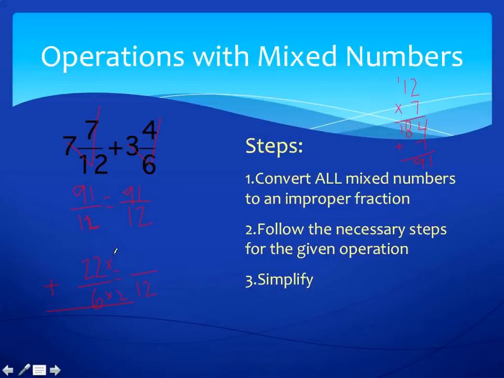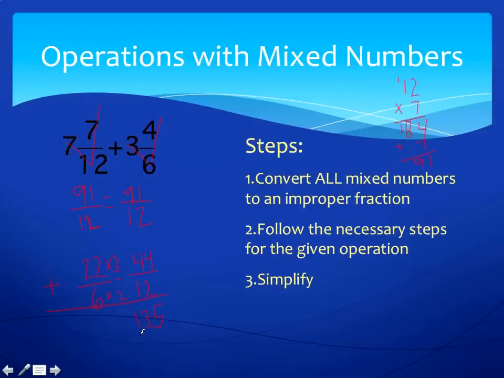So I'm going to do the same thing over here. And 22 times 2 gives me 44. I now have common denominators, so all I need to do is add below. So 91 plus 44, 1 plus 4 is 5. 9 plus 4 is 13.